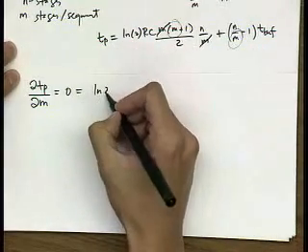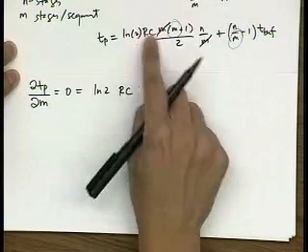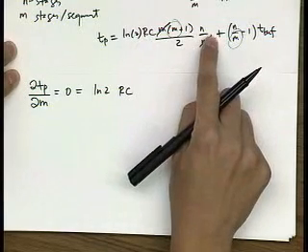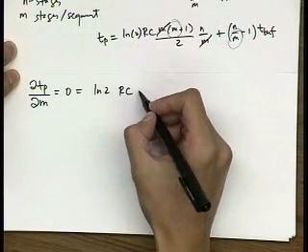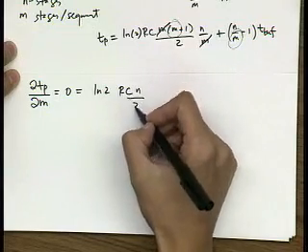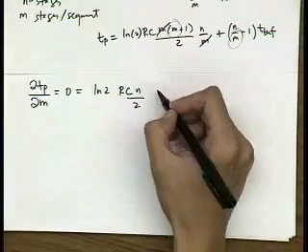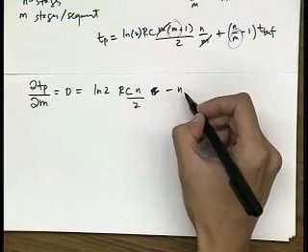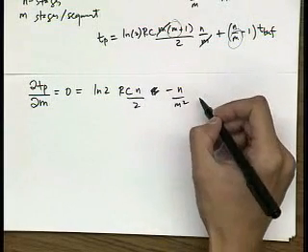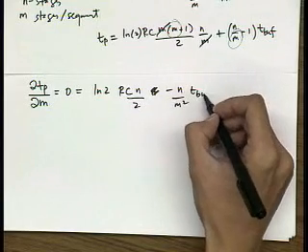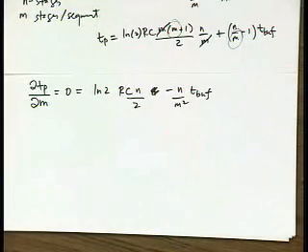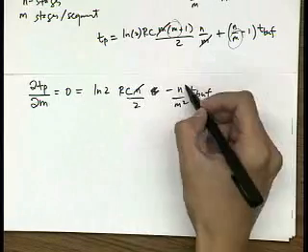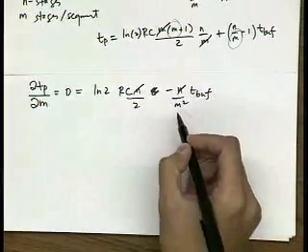It's ln2 RC times n over 2, plus, or rather negative, n over m squared times t_buff. Then the n's drop out.